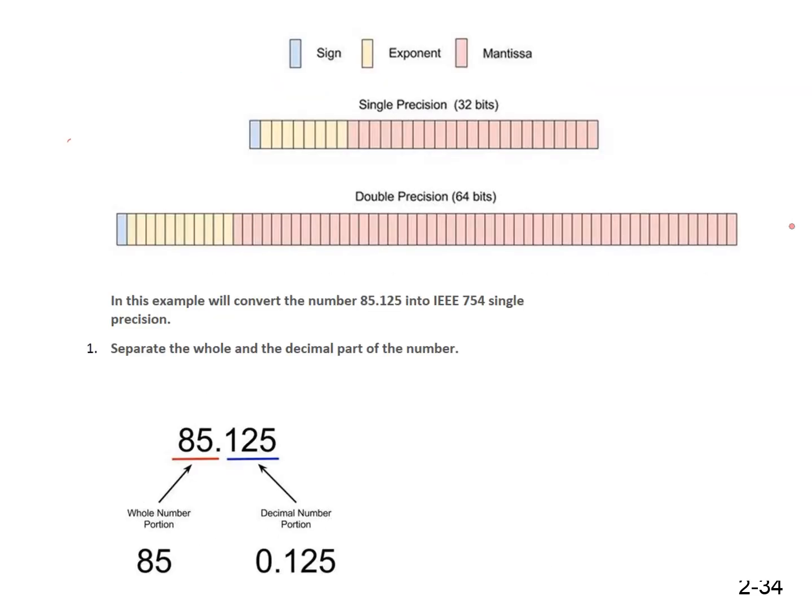Now I'm going to walk you through the process of translating a decimal base 10 number, in this case 85.125, to a single precision IEEE 754 32-bit floating point value.